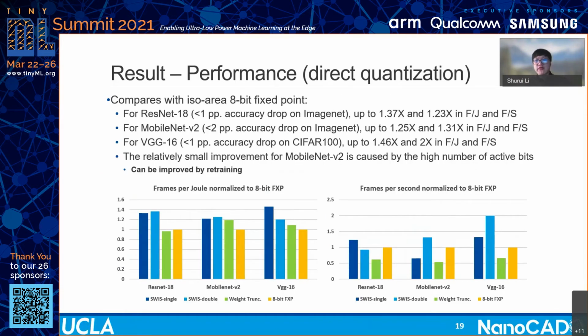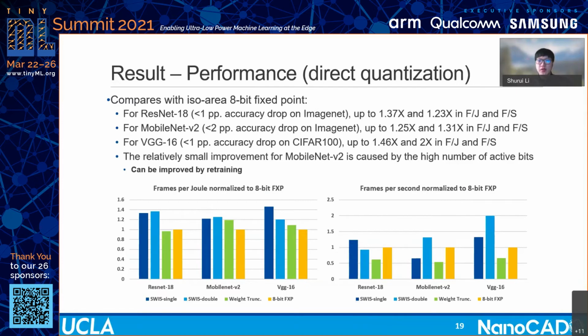And here is the result for SWIS hardware performance for direct quantization. Compared to the iso-area 8-bit fixed point for ResNet-18 on ImageNet and within a 1 percentage point accuracy drop, SWIS achieves up to 1.37x and 1.23x in frames per joule and frames per second.